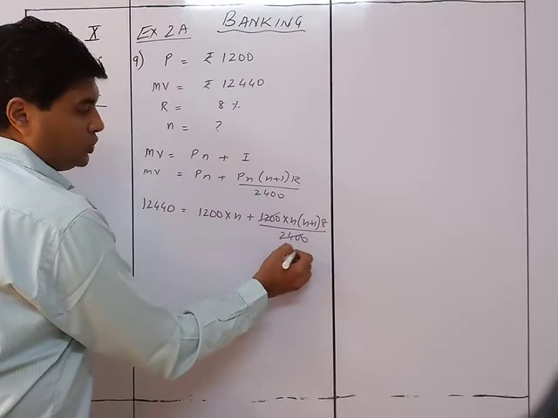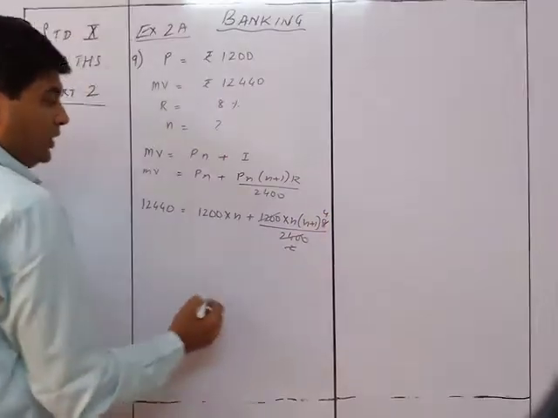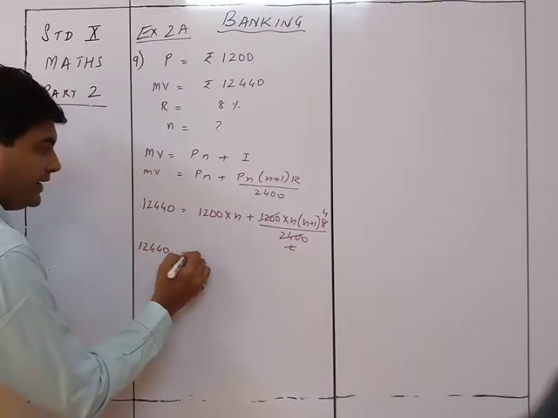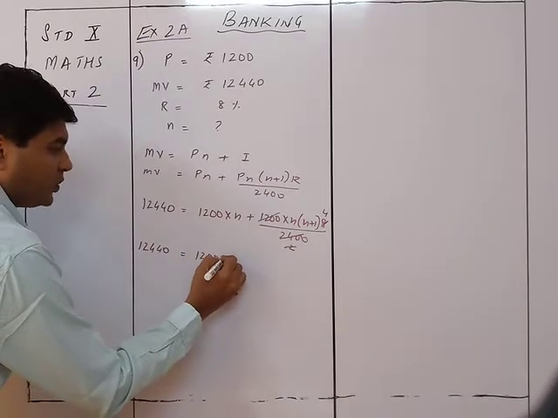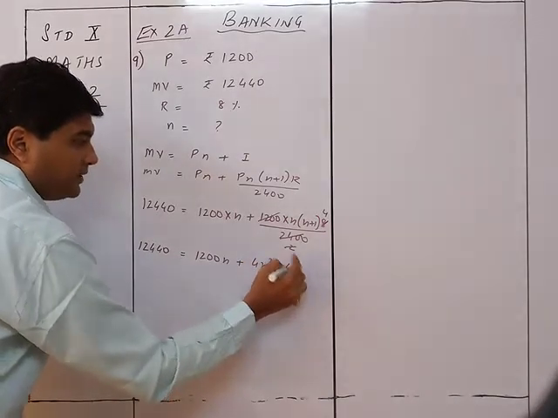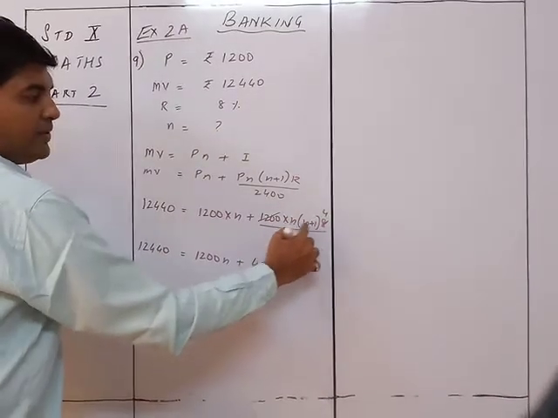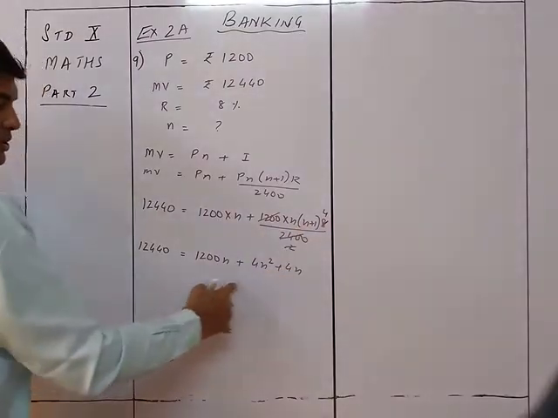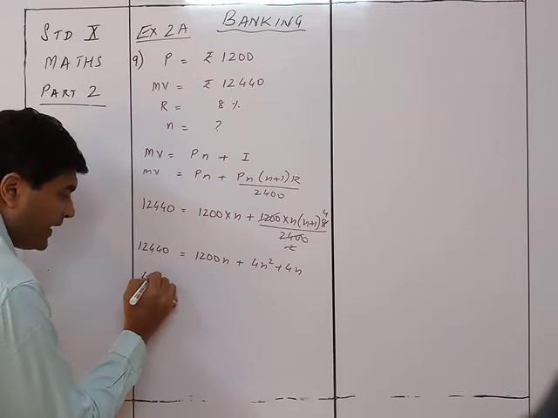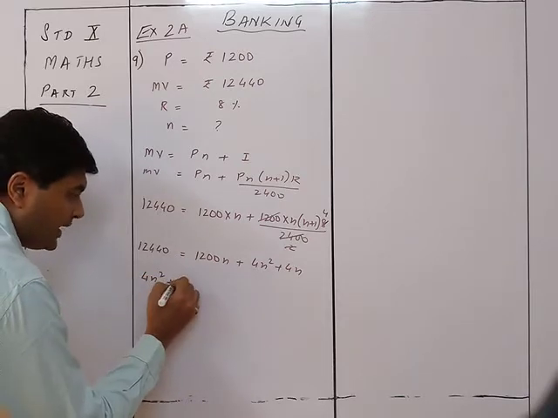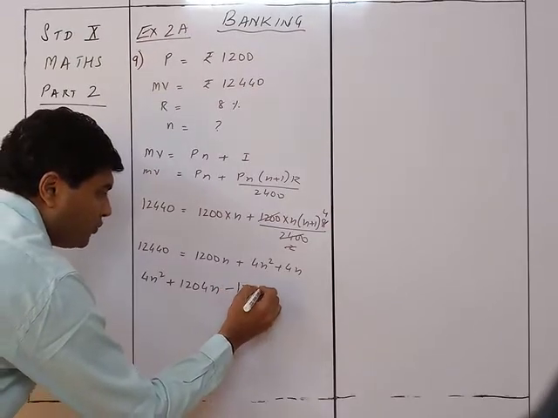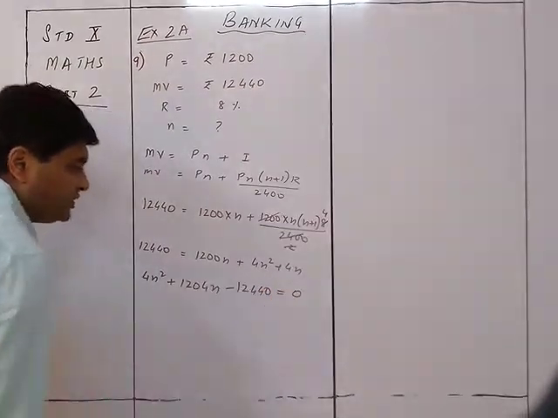This cancels to 2 and this cancels with 4. So accordingly, 12440 is equal to 1200N plus 4N square plus 4N. You can just multiply over here N square plus N. So accordingly, you get 4N square plus 1204N minus 12440 is equal to 0.